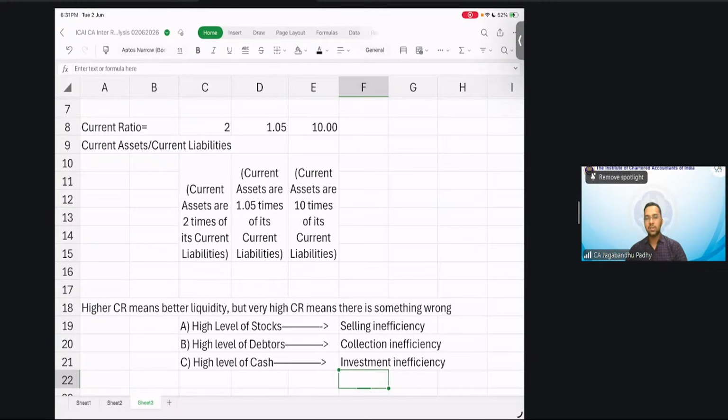So now the real question is, sir, you said low current ratio is indicating lower solvency. High current ratio is indicating inefficiency. So what should be the current ratio then?